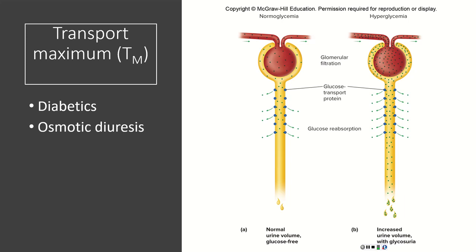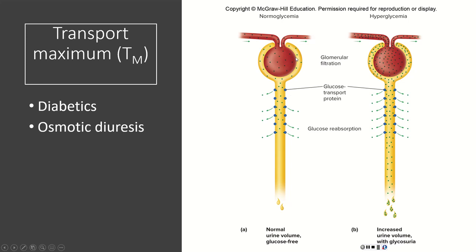We could say the same thing for a specific vitamin. We're just using glucose in our example here. So up here in this picture, these blue dots, let's say they represent glucose. And these little blue circles represent the carriers that are allowing glucose to pass through. And they're only found in the PCT when we're talking about glucose, amino acids, and vitamins.